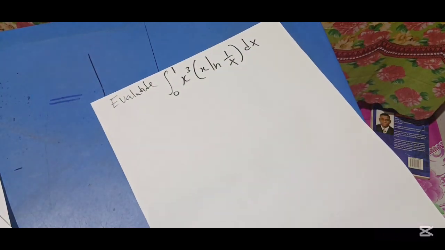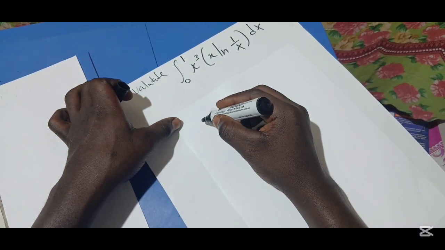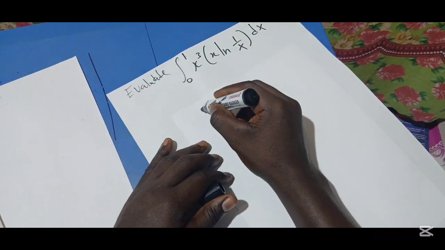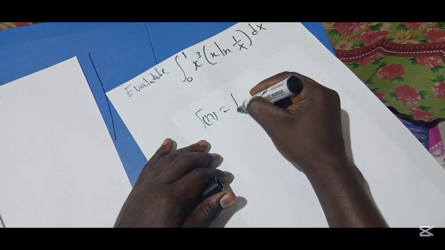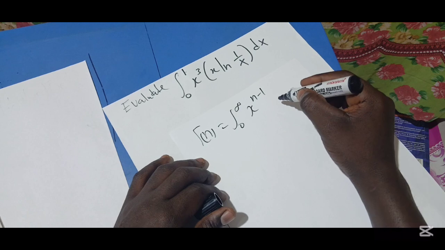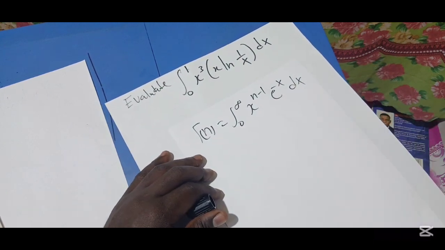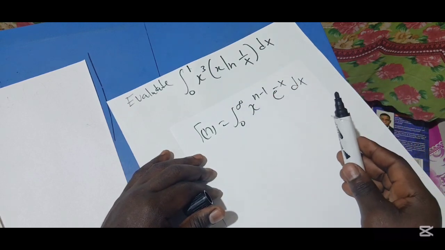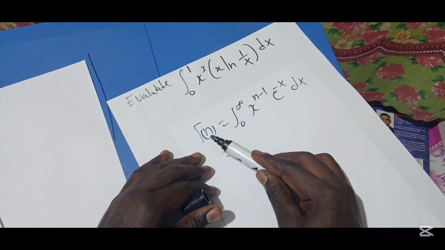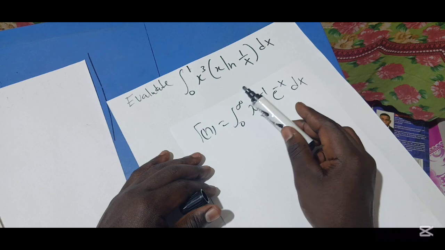Well, given that the general definition for the gamma function is gamma(n) equals the integral from 0 to infinity of x to the power n minus 1 e to the power minus x dx, we would like to massage this question up to a point where we get something like this, so that we can use the idea of gamma functions to solve this integral very easily.